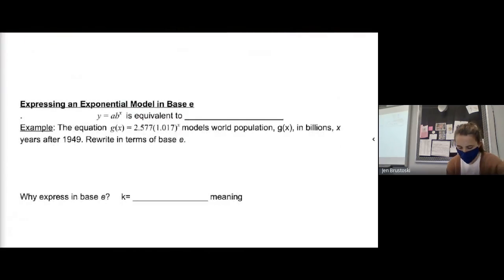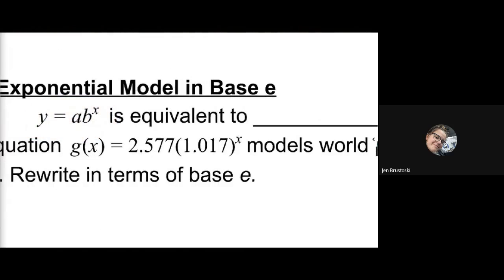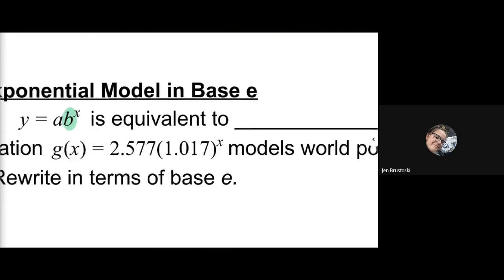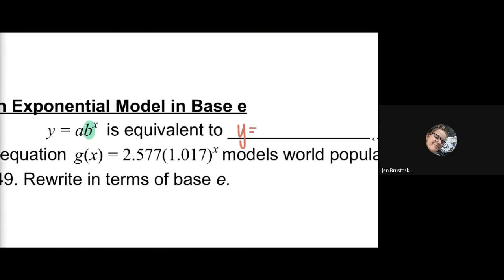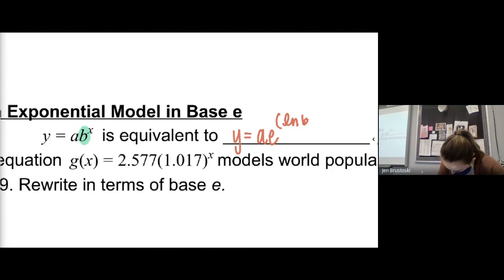All right, so expressing an exponential model in base e. If I have this function here, what I can do is take my b and write this as y is equal to a e to the ln of b times x.